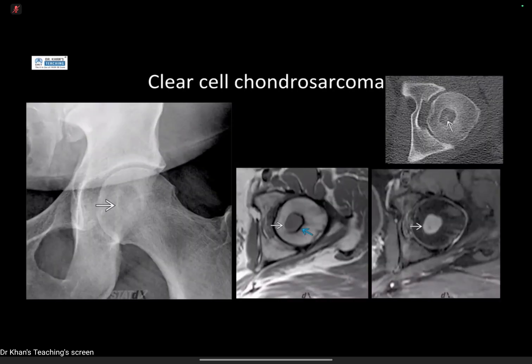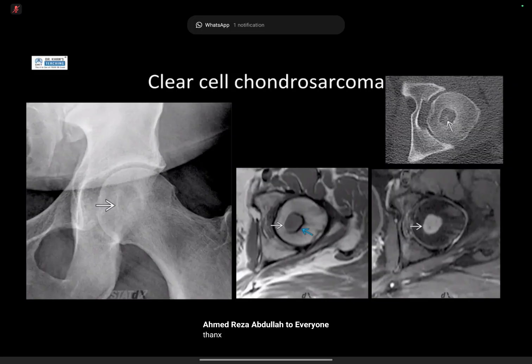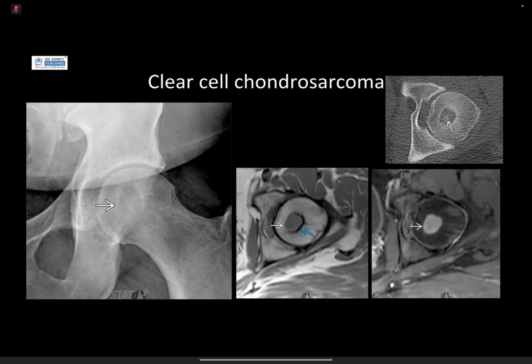And this is just to show you an example of what that would look like. So the plain film, you can see that fairly similar lesion really. If you have an AP radiograph, this patient is 35. You can see that well-defined lytic lesion with the sclerotic margins, just as we did in the case before. And actually this lesion was picked up incidentally. The non-contrast CT in the top corner has an arrow pointed to the punctate calcification, which is the internal matrix of the lesion.